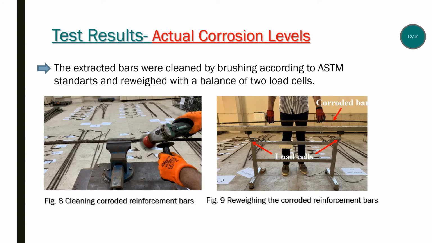Extracted longitudinal bars and stirrups were cleaned by brushing. After the mechanical cleaning, reinforcement bars were reweighed with a balance with 2 load cells to determine final mass losses. Figure 8 shows cleaning the corroded reinforcement bars, and Figure 9 shows reweighing them.